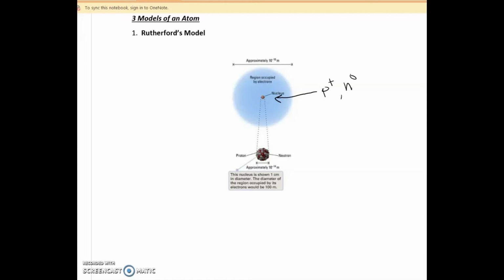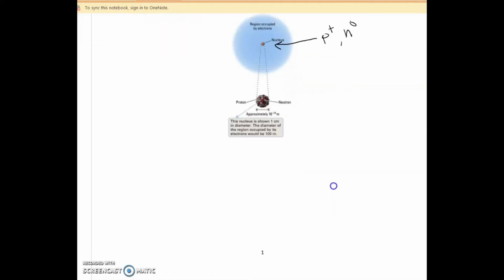There are as many negatively charged electrons as positively charged protons inside the nucleus. So the numbers of your electrons and protons are equal, and that leads to an electrically neutral atom. So that's our Rutherford model.